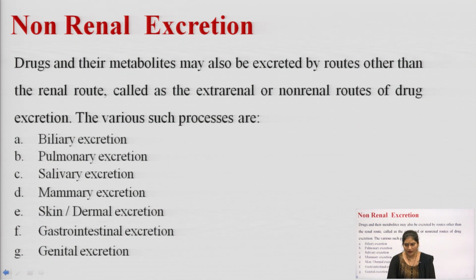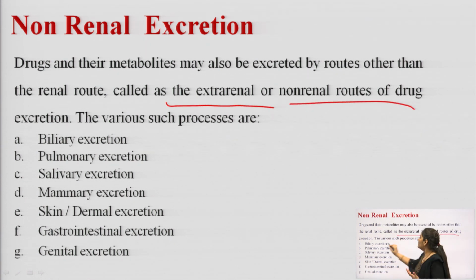The drug or its metabolites can get excreted out by routes other than the renal route also. These other routes are called extrarenal or nonrenal routes of drug excretion.